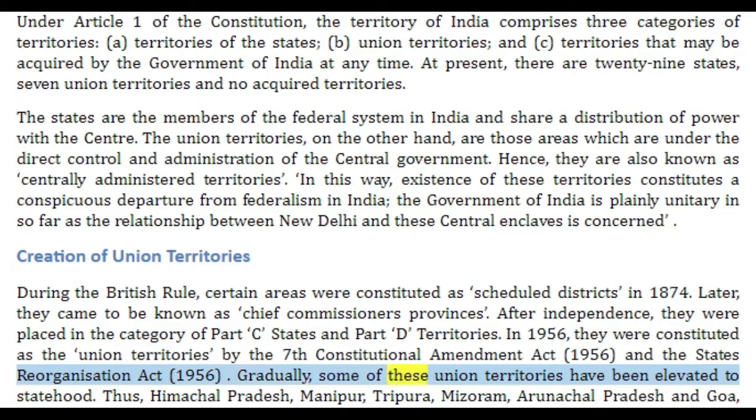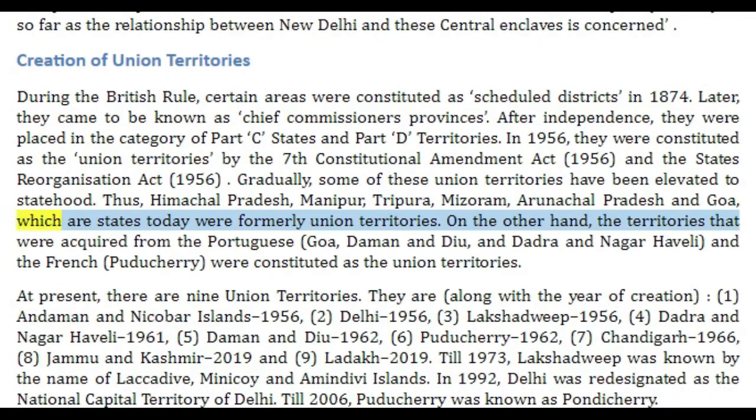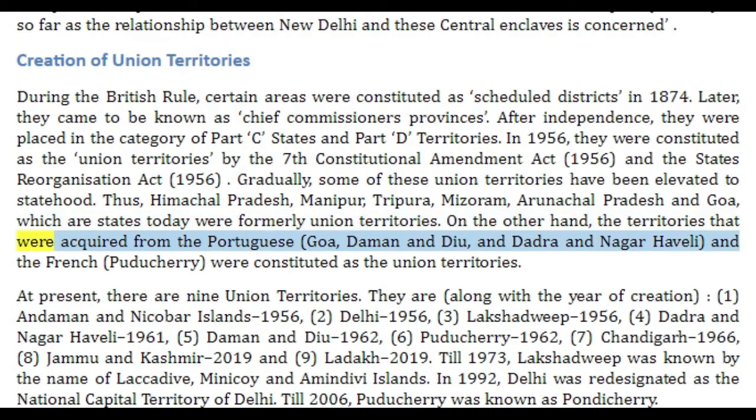Gradually, some of these Union Territories have been elevated to statehood. Thus, Himachal Pradesh, Manipur, Tripura, Mizoram, Arunachal Pradesh, and Goa, which are states today, were formerly Union Territories. On the other hand, the territories that were acquired from the Portuguese, Goa, Daman and Diu, and Dadra and Nagar Haveli, and the French, Puducherry, were constituted as the Union Territories.